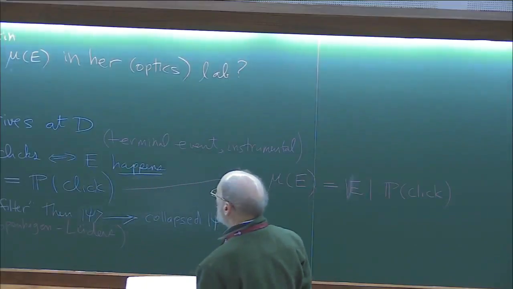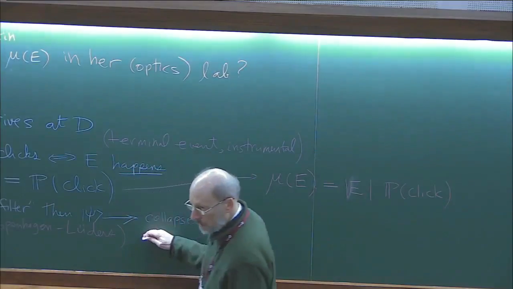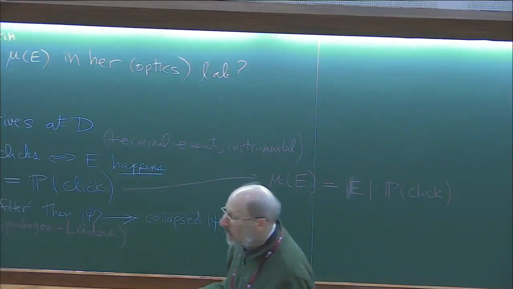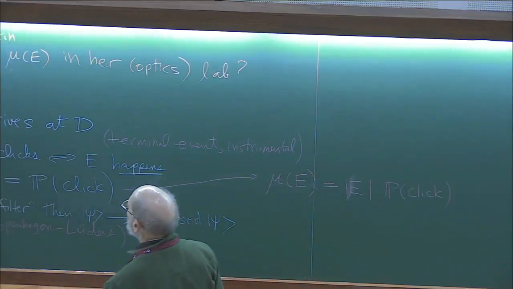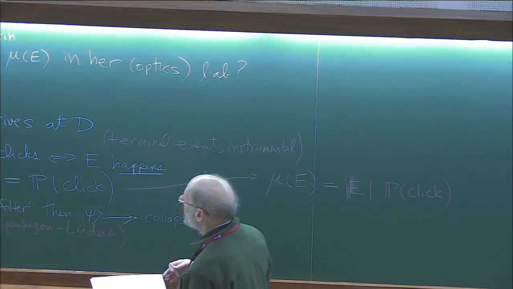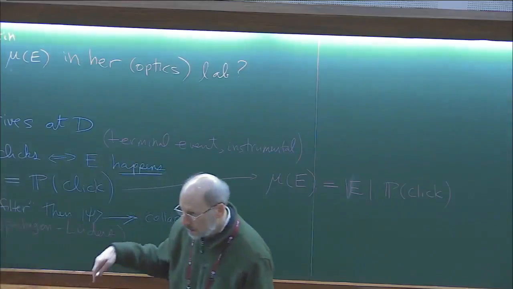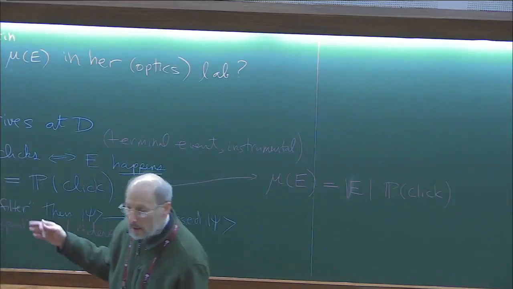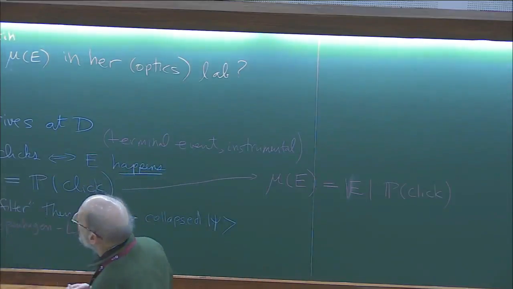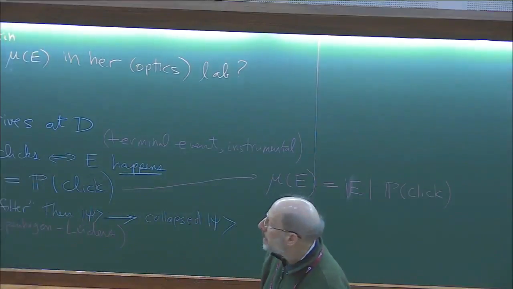And that will be the histories analog of this reduction of the wave packet, which will mean including in the history space only those histories that belong to E. So the effect of detecting E by a click will be that it's sort of the most obvious, straightforward thing.